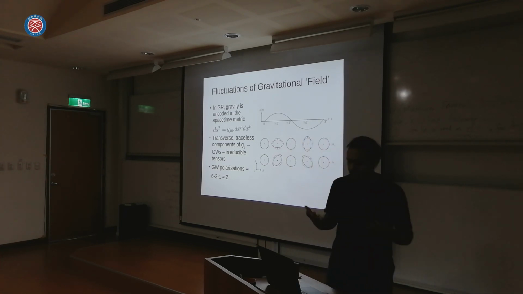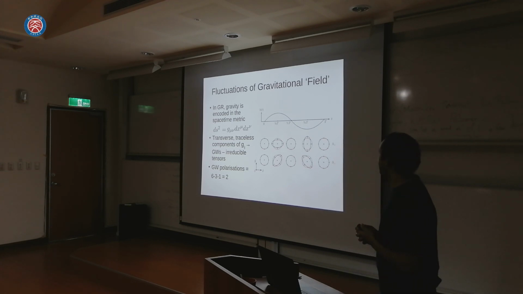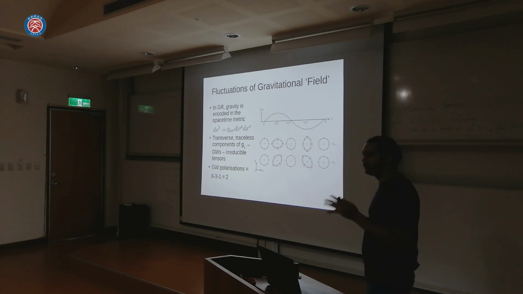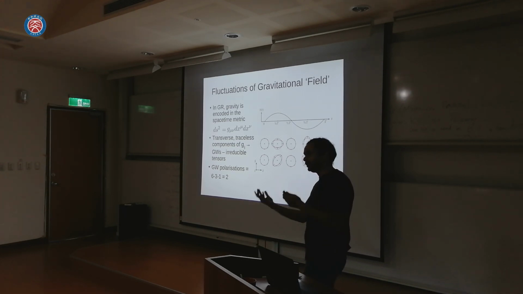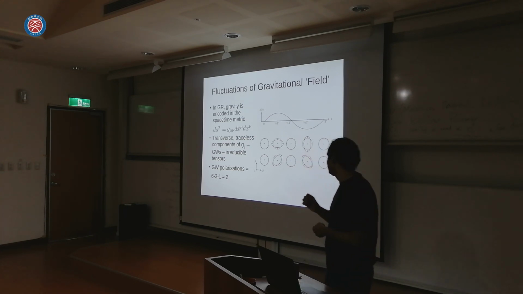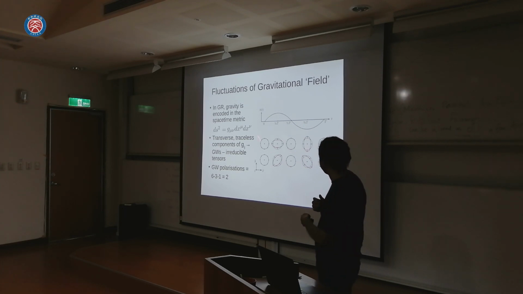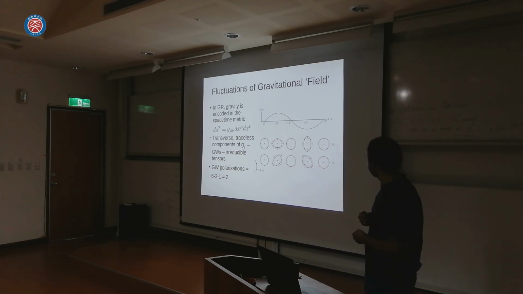This is a 4x4 symmetric matrix, and once we apply all the gauge constraints on the theory, stating essentially that the theory should be independent of any choice of coordinates, we are left with two transverse traceless components of just the spatial part of this metric, and these are the two gravitational wave polarizations that we are all familiar with.